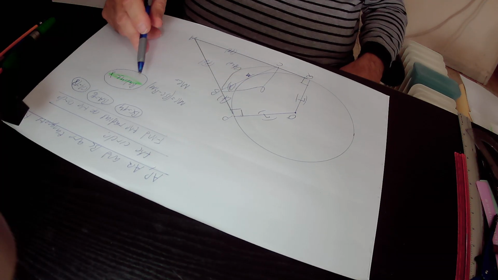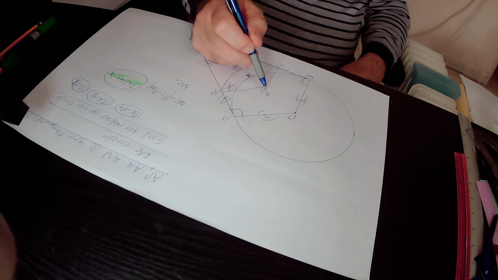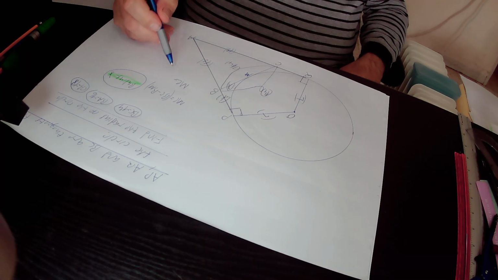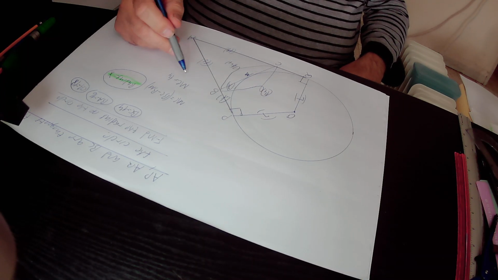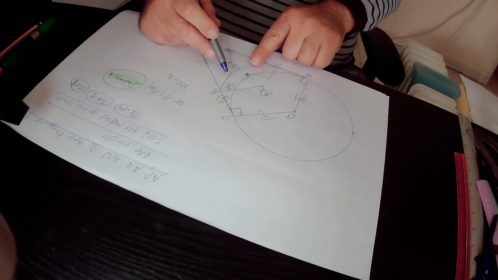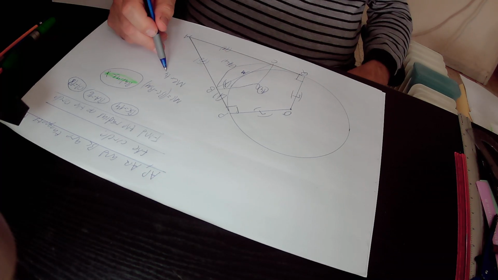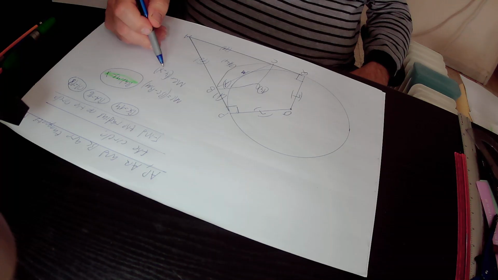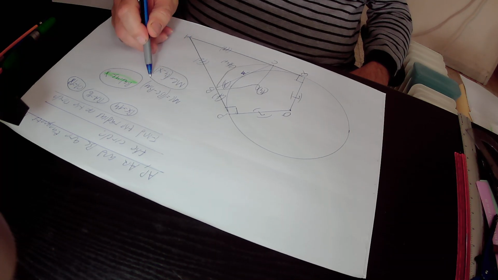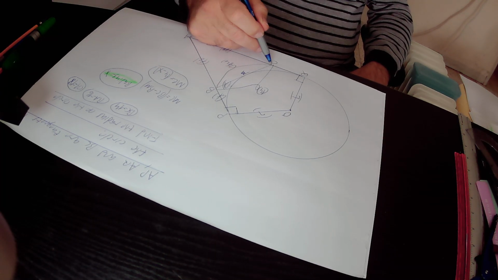So MC equals 14 minus BM. BM equals X. So in total, we found out that the missing segment MC equals 14 minus X units.